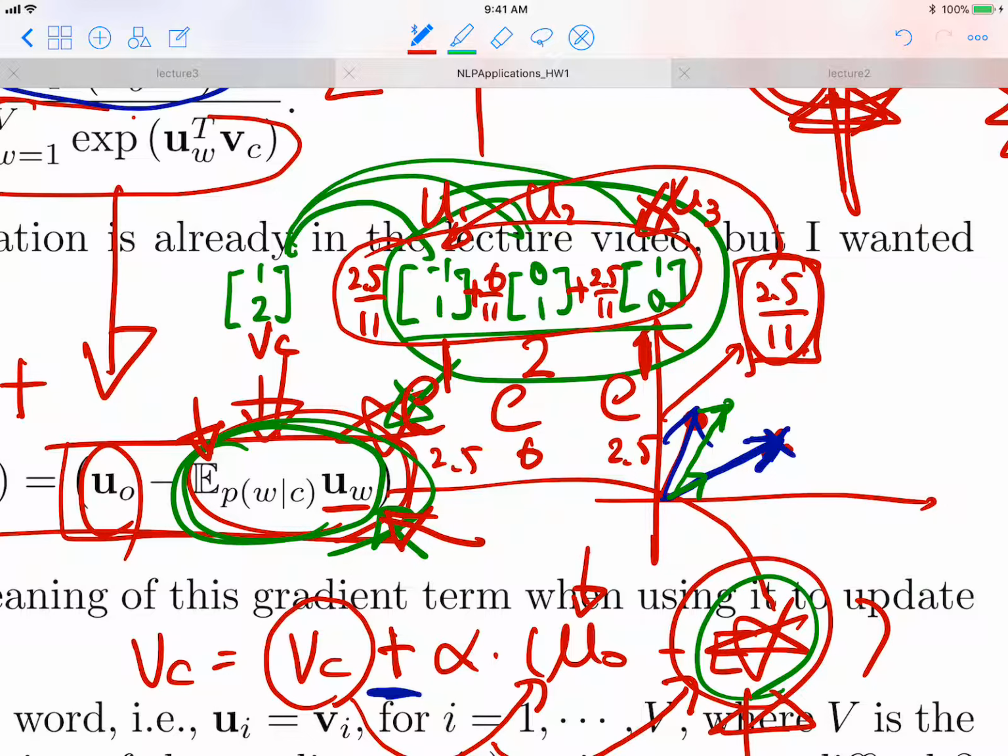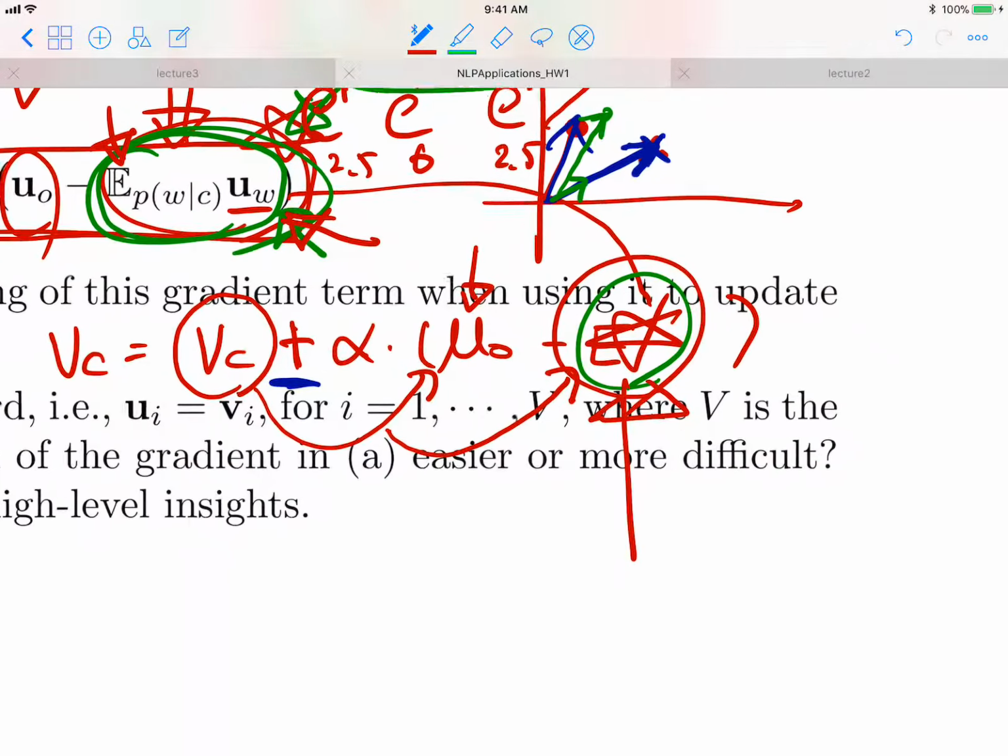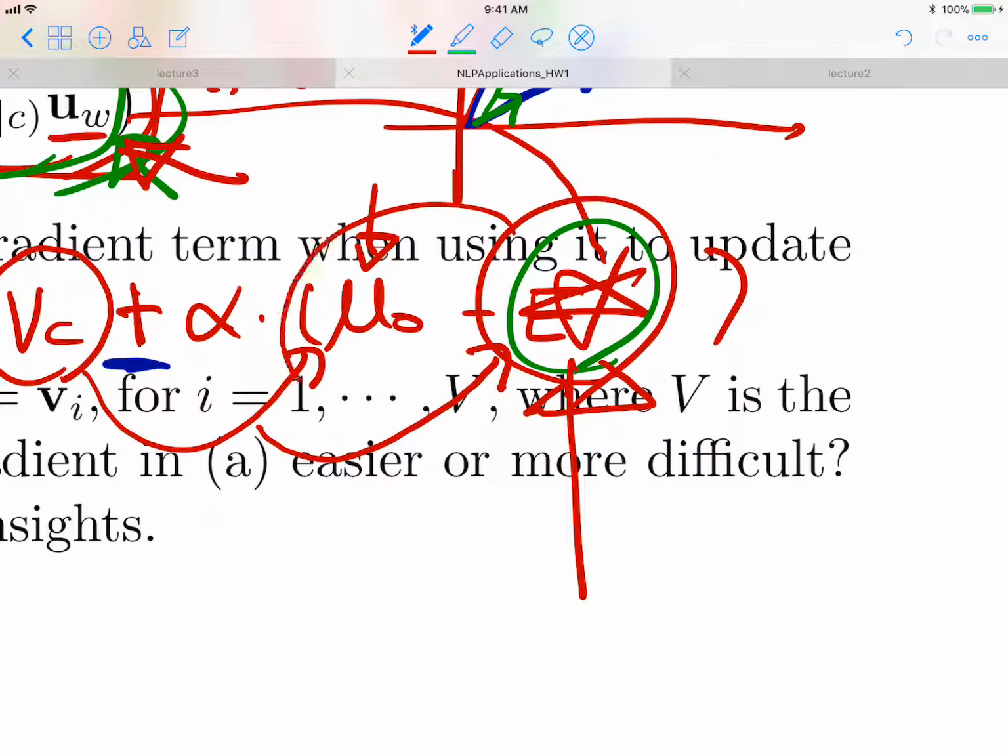So this is the expected average vector that we expect, and this one should be minimized. I mean, the similarity from the center word to this word should be minimized. It may not be very intuitive, but if we think about it this way, we can think of this as a single vector.